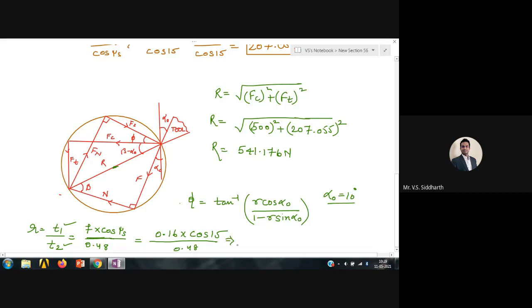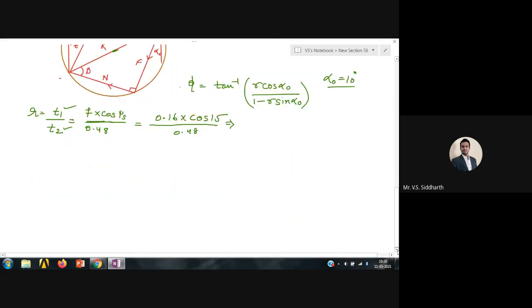Calculate and tell me how much you are getting for R. What is the value of R? 0.3219. Very good.